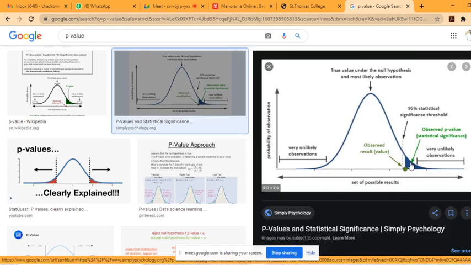This area is alpha. This area is alpha. Probability of set greater than set alpha is equal to alpha.